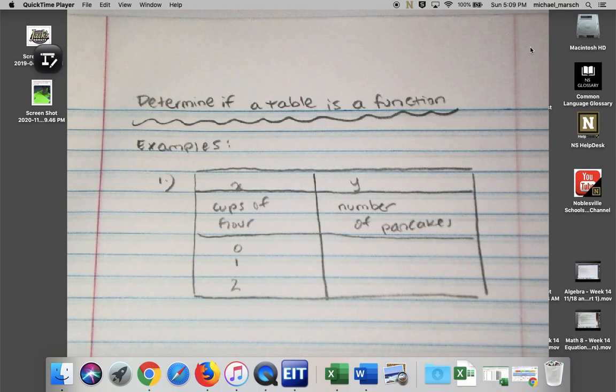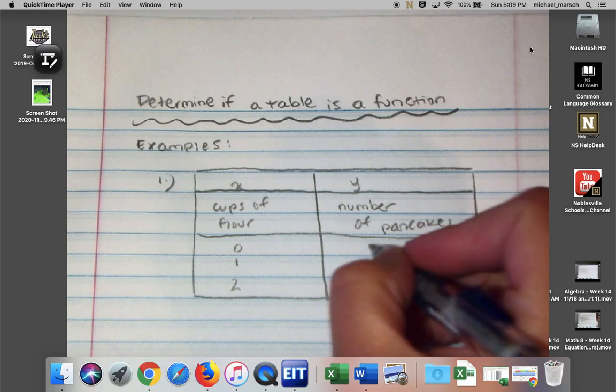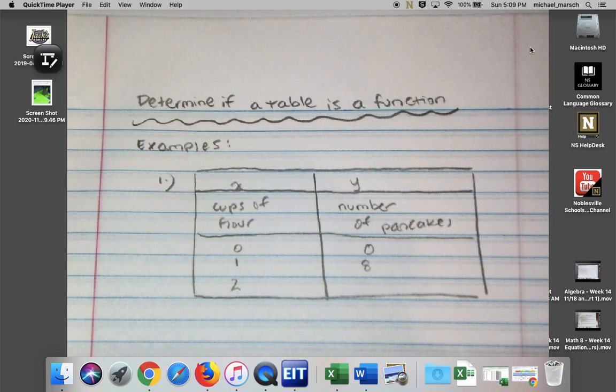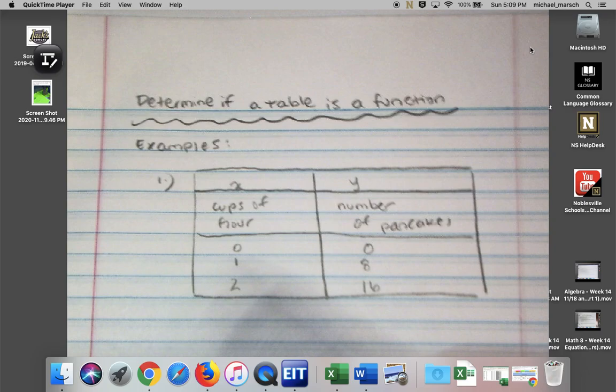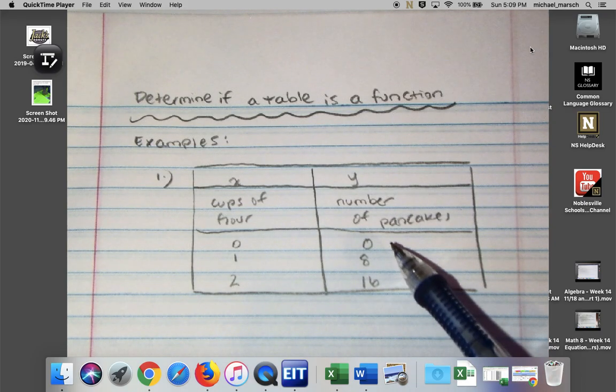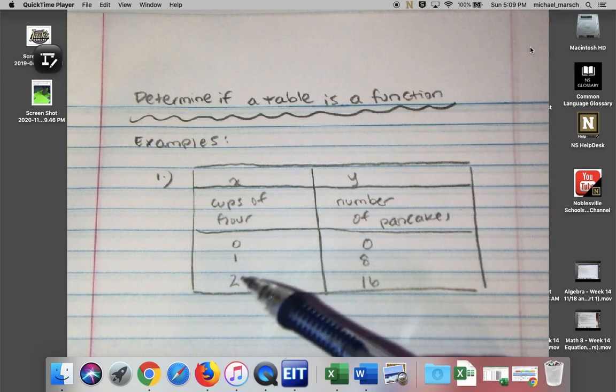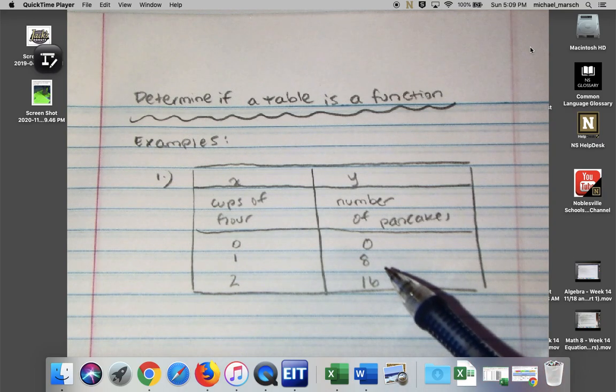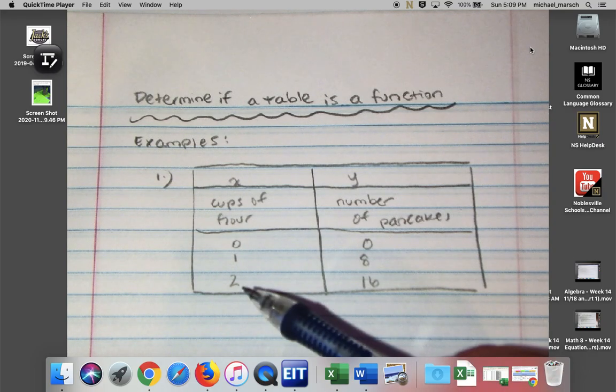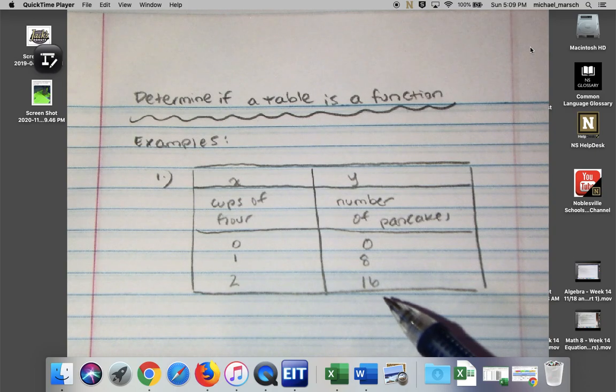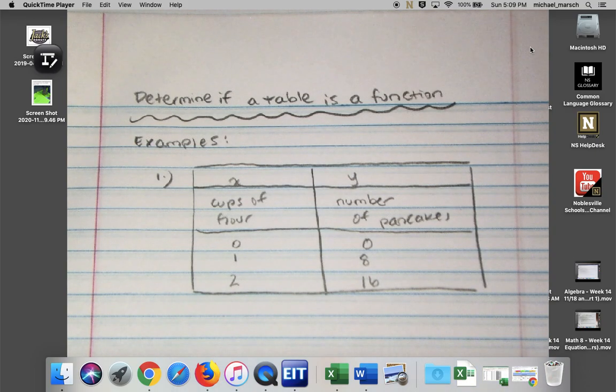And there's like a rule that goes with it. Okay, so when I look at this table, I can see that if I use 0 cups of flour, of course I'm going to have 0 pancakes. That's obvious. 1 cup of flour would give me 8 pancakes, and 2 cups of flour would give me 16 pancakes. So what we want to decide is this a function?